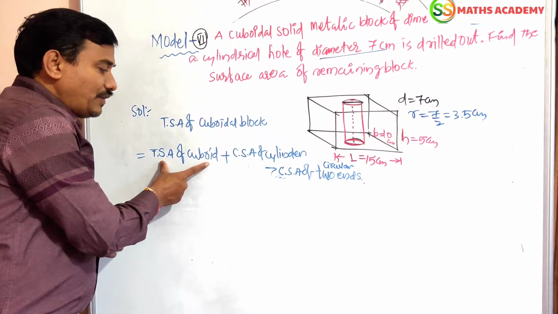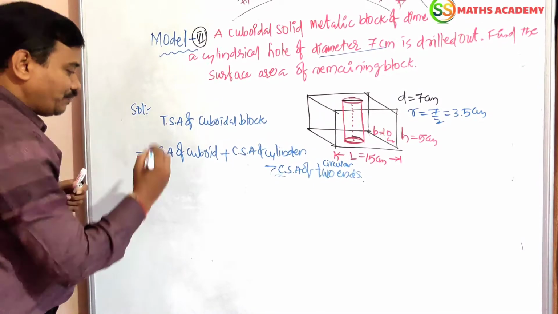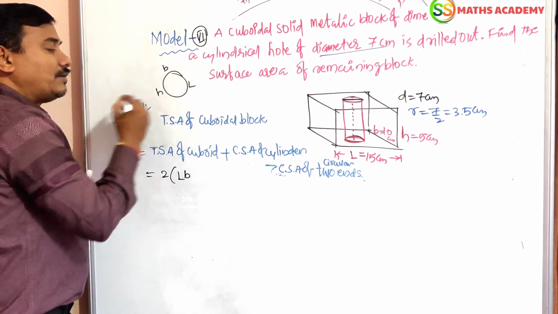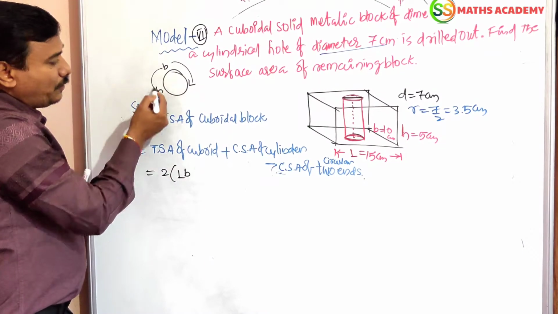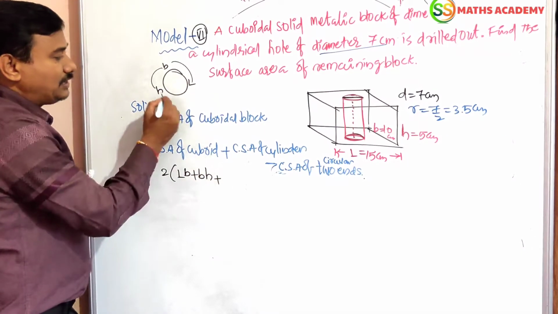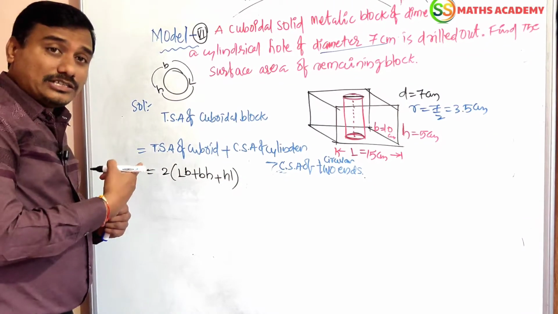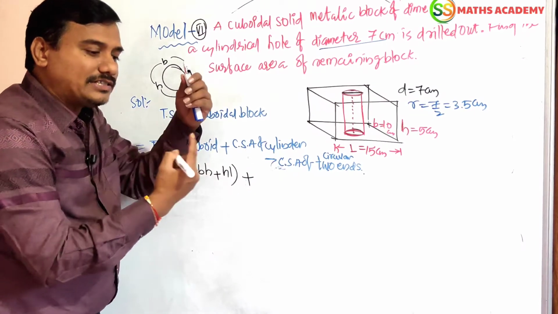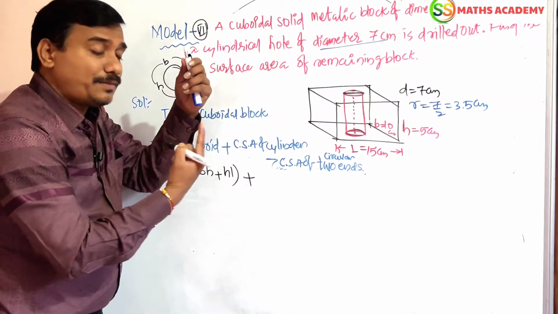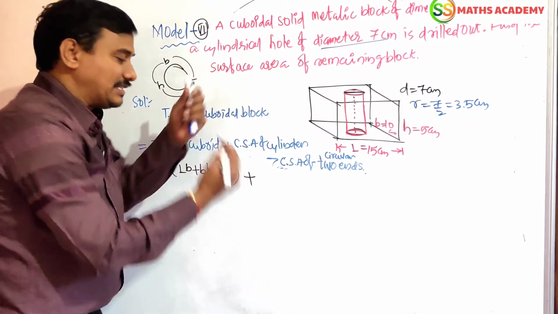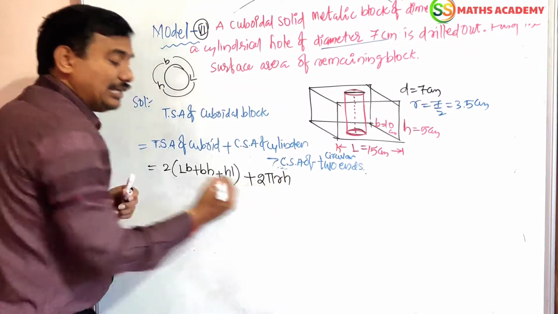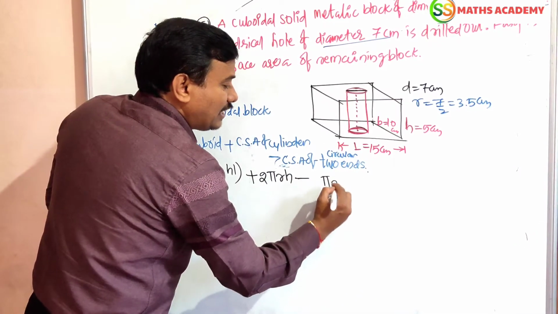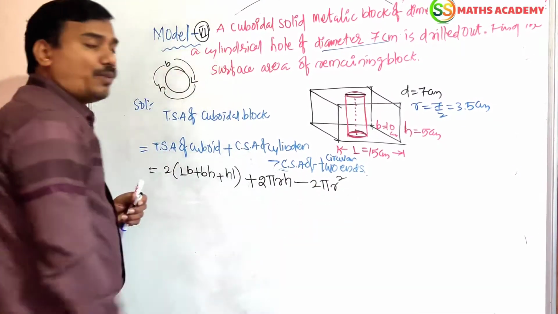Yes, the total surface area of a cuboid, we know the formula: 2 of LB plus BH plus HL. The cycle card I told you in my previous video. This is the total surface area of a cuboid, plus the curved surface area of the cylinder. You know very well, the curved surface area of a cylinder means perimeter into height, that is 2 pi r h, minus the area of the two circular ends, circular area pi r square, 2 are there, 2 pi r square.